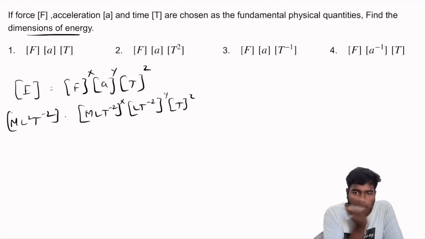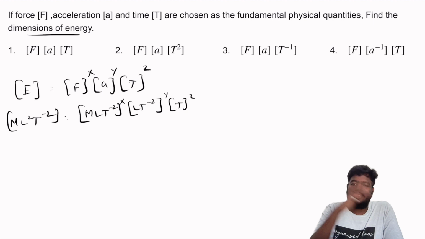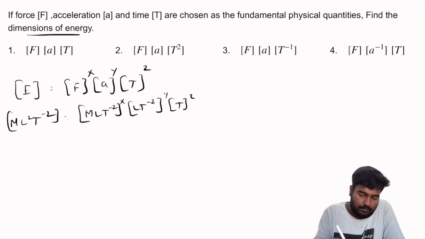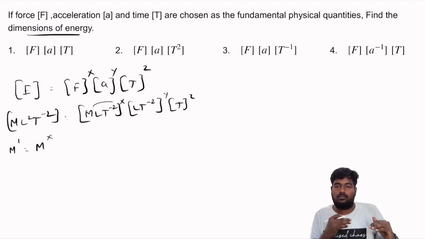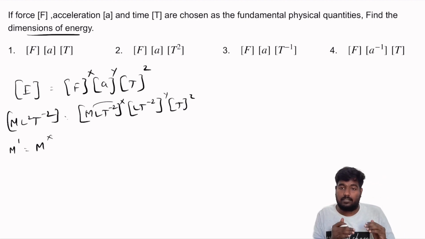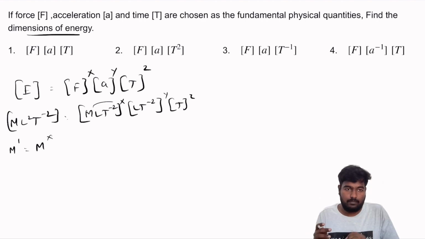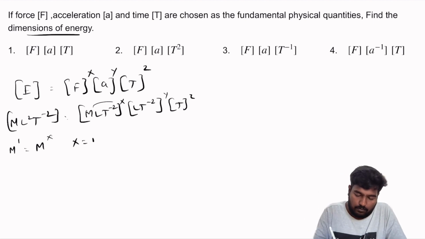If you have ampere, candela, whatever it is, to that side. For example, let's calculate all the M powers here. So here I have M power 1. This would equal M power x, plus I don't have y, also I don't have z. By the law of indices, if the bases are the same, the powers are the same. So x equals 1.